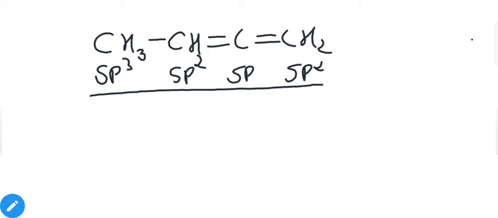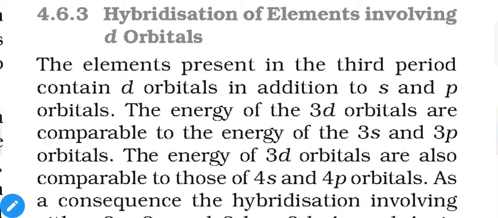Now let us move on to our next point, use of d orbitals in hybridization. Next is hybridization of elements involving d orbitals. Now in certain cases, certain elements do have d orbitals, but they will be empty, and that's why we are not mentioning them in the electronic configuration of that element. With an example, let us say chlorine.